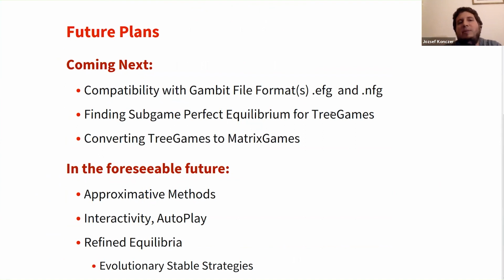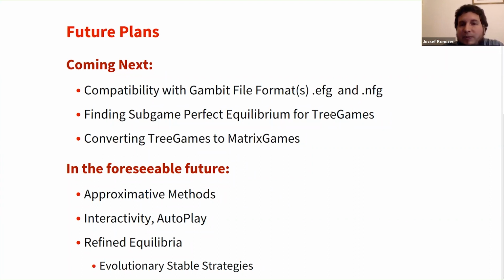Coming next is compatibility with Gambit file formats, the .efg and .nfg, because Gambit actually has a lot of example files. Then finding subgame perfect equilibria for tree games, which will be implemented very soon.